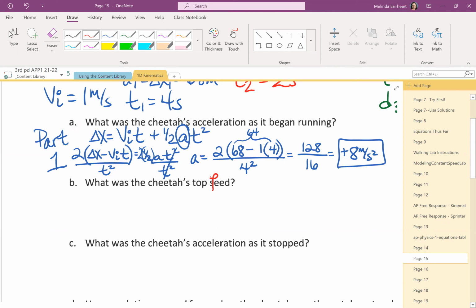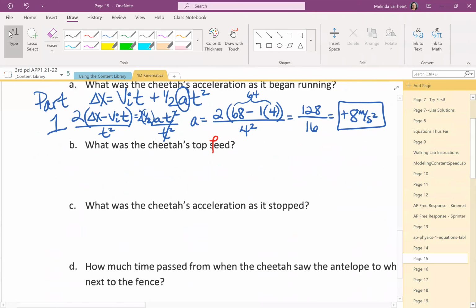Can I just solve for final velocity now? Part 2 I had as red. The velocity that's constant for part 2 is equal to the final velocity of part 1. So I'm going to switch back to blue, part 1.